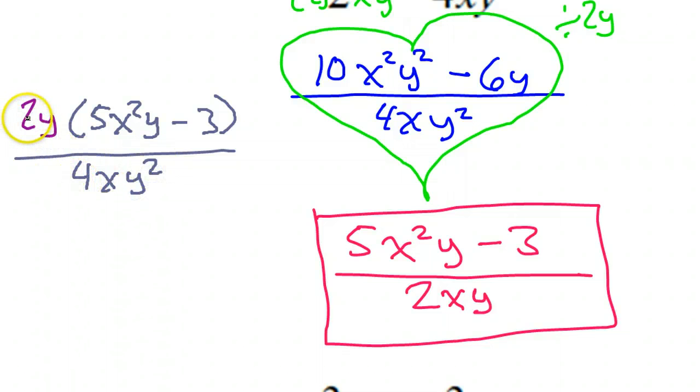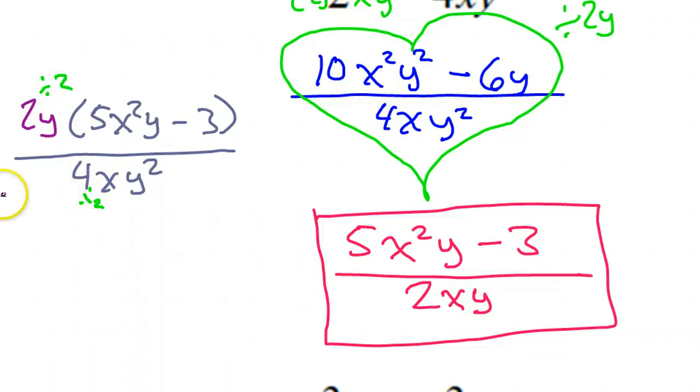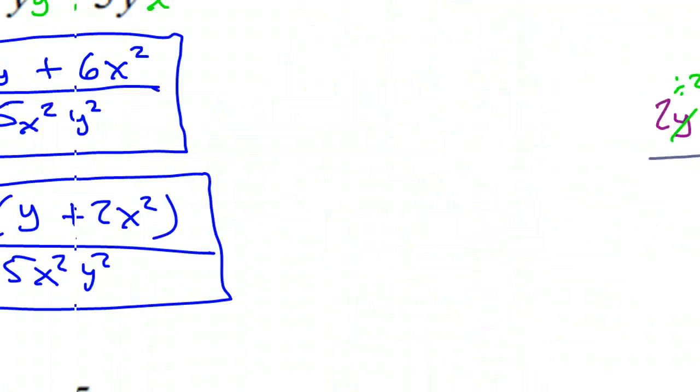And then you would have canceled the 2 with the 4, and the y would have canceled out a y, and eventually you would have gotten this. I think the way I did it the first time is more efficient. Anyways, see how many problems are in this.